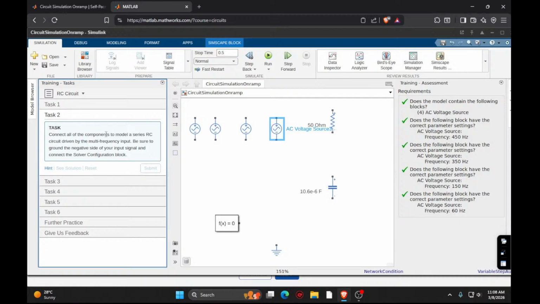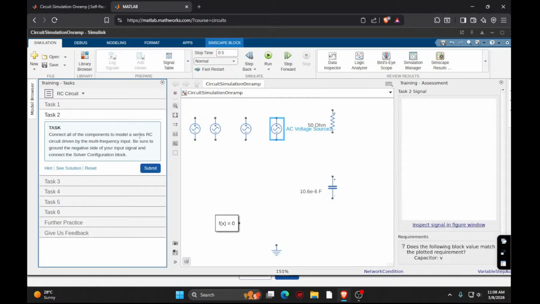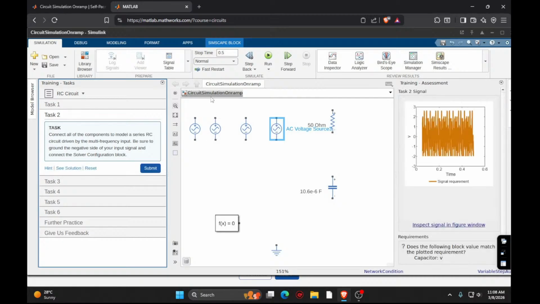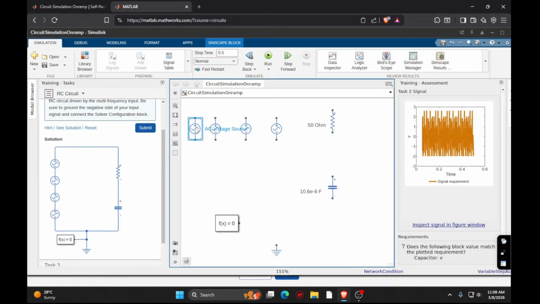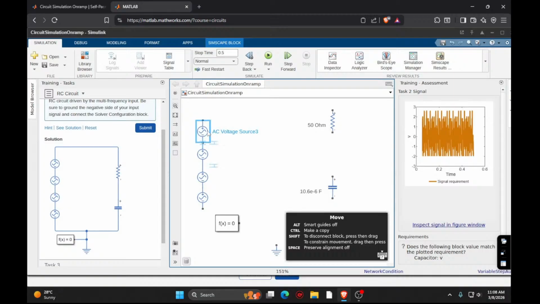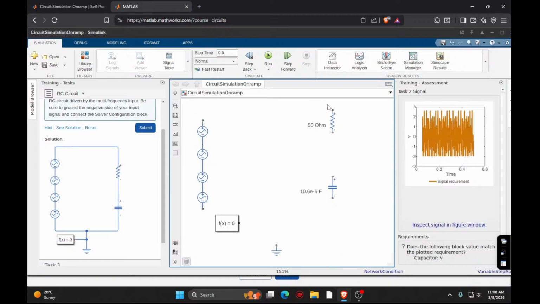Connect all the components to the model, series RC. Let's see the solution here. So it has to be in series. Then there is the RC circuit.